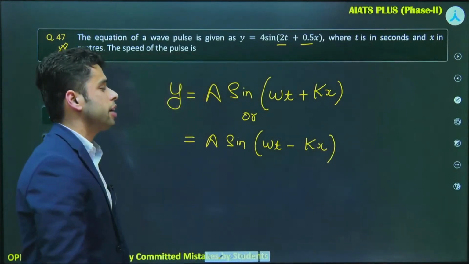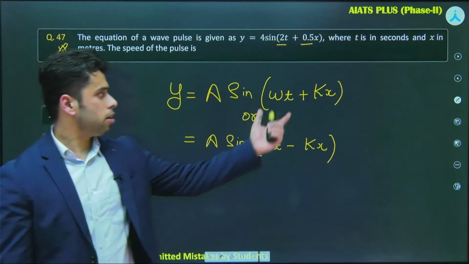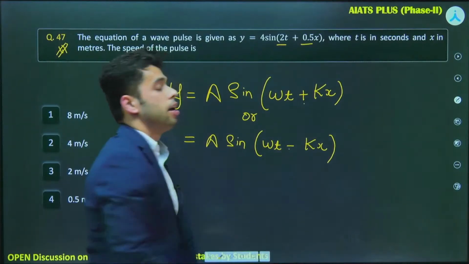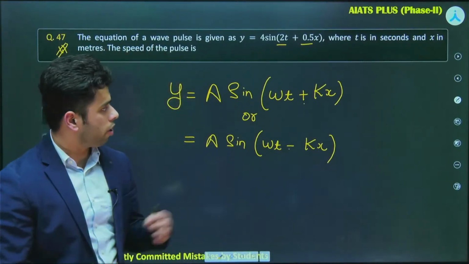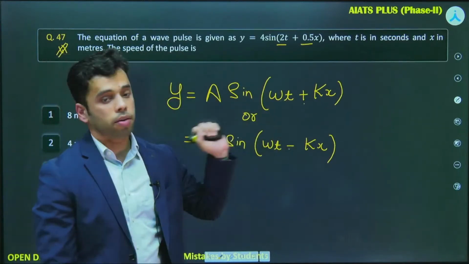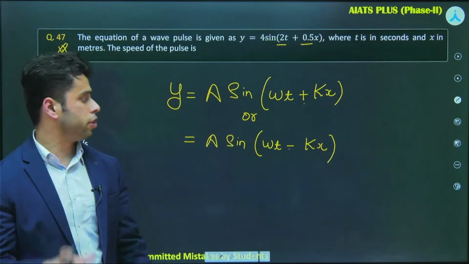This plus and minus will help you to determine the wave. Okay, someone is commenting the answer, but let me do the explanation part. This plus sign and minus sign will help you to determine whether the wave is moving in the positive x direction or the negative x direction. So this one is moving in the negative x direction and this one is moving in the positive x direction. This is the basics of the wave.